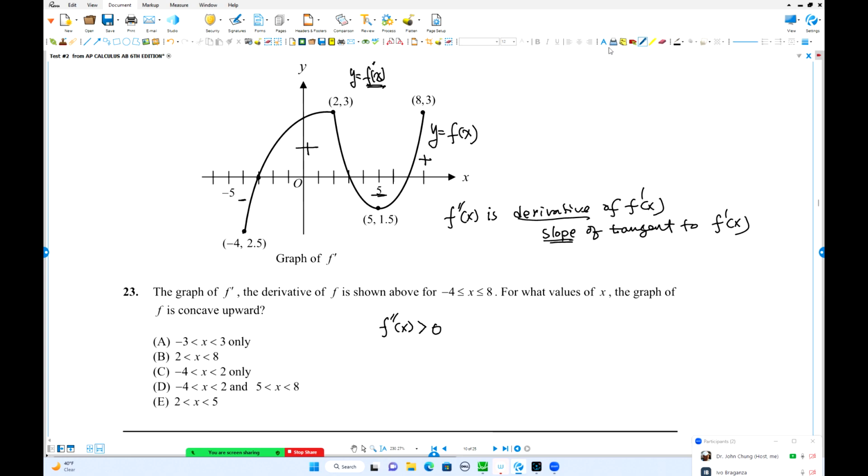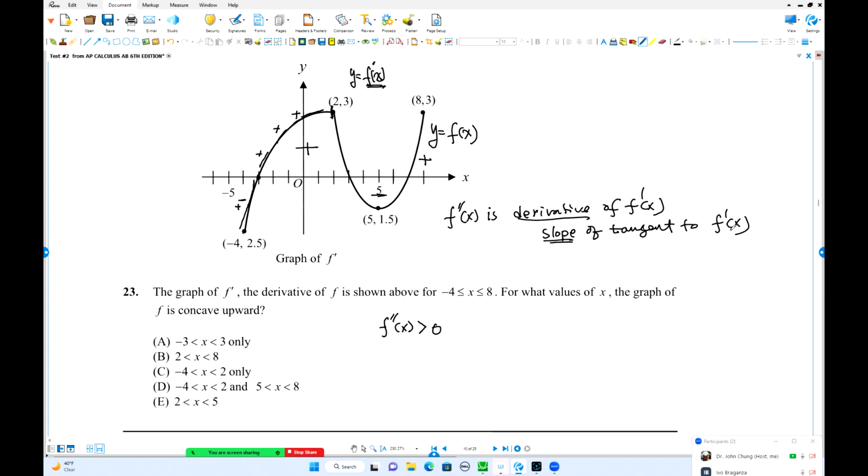Where is the second derivative here? The slope of this one is the second derivative. The slope is positive here, here, and here. The slope of this second derivative is positive, so concave up here, up to here, and up to here. Slope is positive, yes.